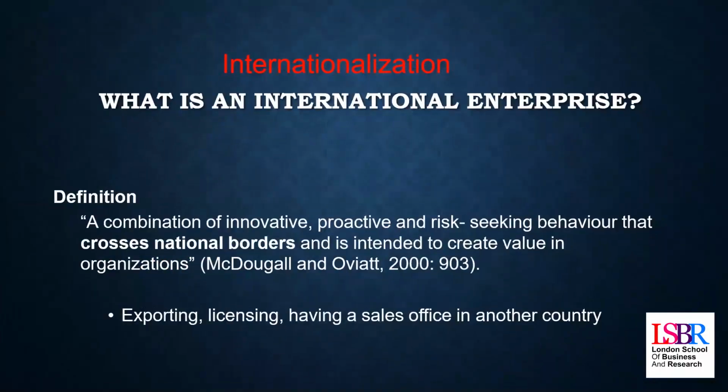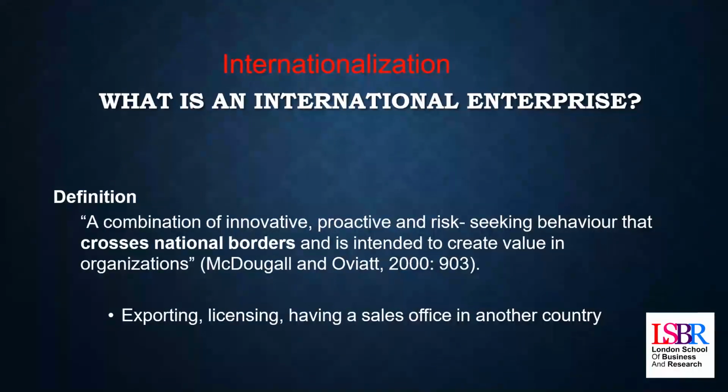So what about internationalization? Firstly, what is it? It was defined by McDougall and Oviatt in the year 2000 as a combination of innovative, proactive and risk-seeking behavior that crosses national borders and is intended to create value in organizations. So internationalization is looking specifically at what businesses do. It's about exporting, licensing, having sales subsidiaries, having offices in another country.